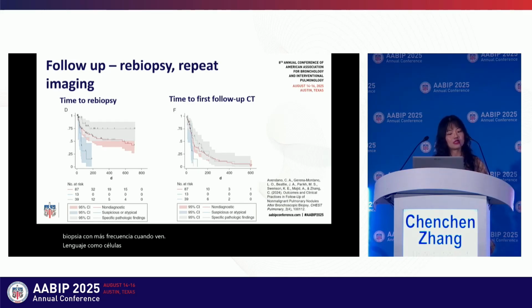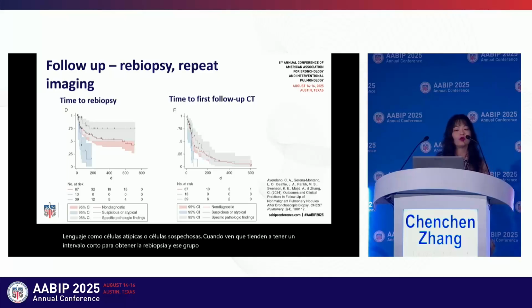When they see that, they tend to have a short interval to get the rebiopsy. And that group is represented in gray here. I'm colorblind today, my apologies. So in gray there, as you can see, that line is much higher than the other two.